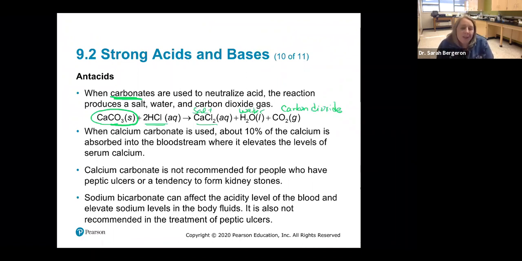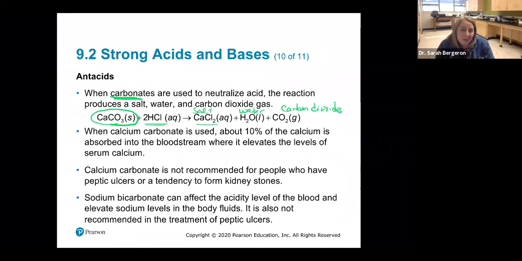Okay, and this actually occurs in your bloodstream. So when we have calcium carbonate, right, about 10% of the calcium is going to be absorbed into our bloodstream, where it's going to elevate our levels of serum calcium. And so you have to be kind of careful about this because you don't want to have too high of a concentration of some of these ions, because they can lead to things like kidney stones and even ulcers and things like that.